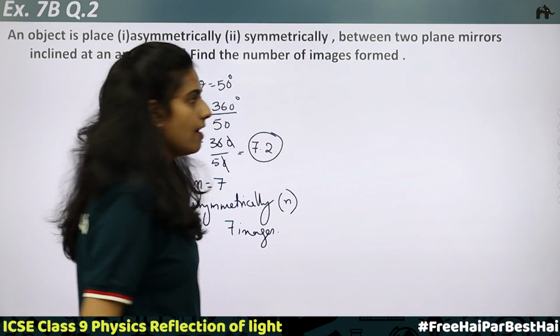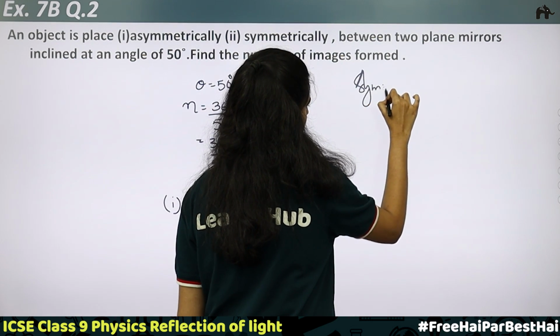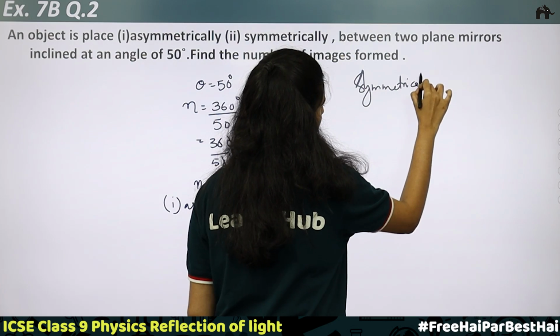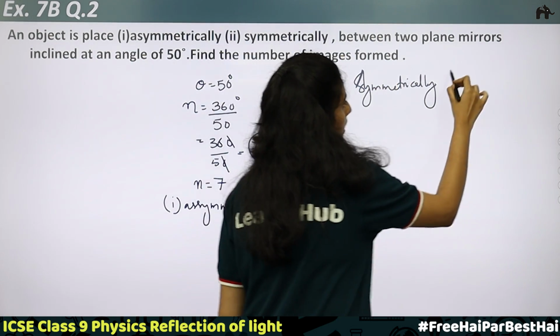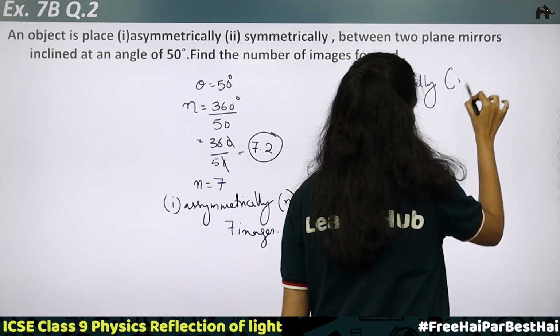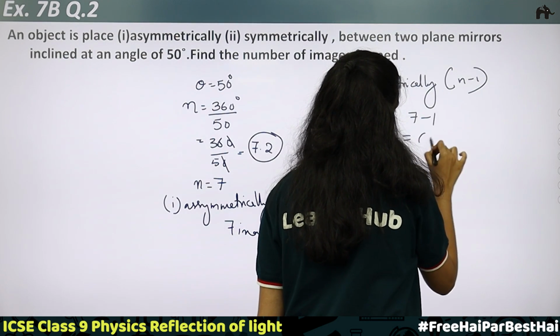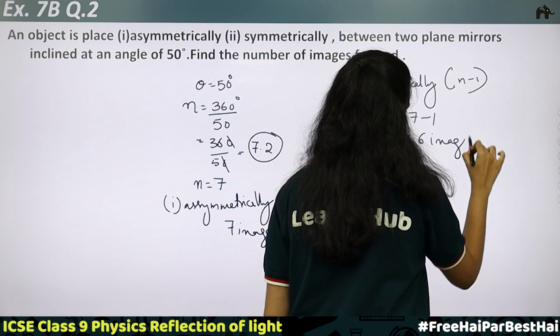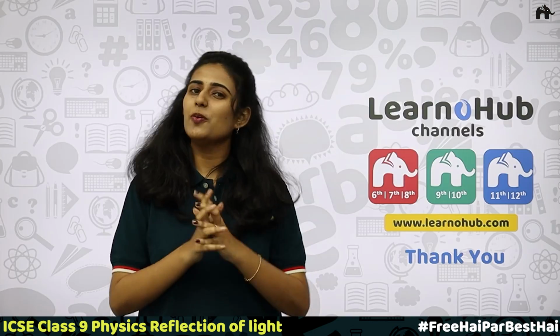Now, if it is symmetrical, the object is placed on the bisector. N minus 1 number of images will be formed. That is 7 minus 1, which is equal to 6 images. Got it?